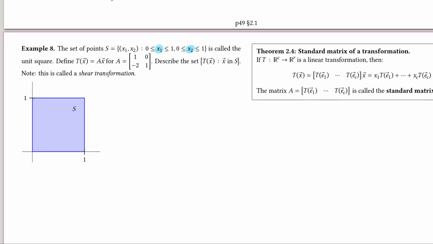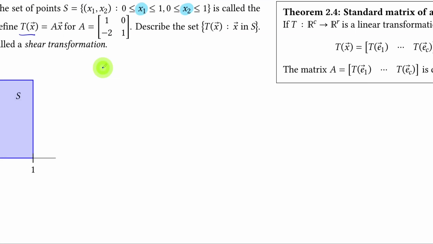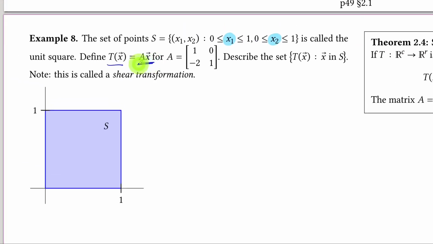Now, we're also going to have a transformation, T of x, defined by multiplication by this matrix A here. And we're going to describe the set of output points we get given input points that are in the set S inside the unit square.